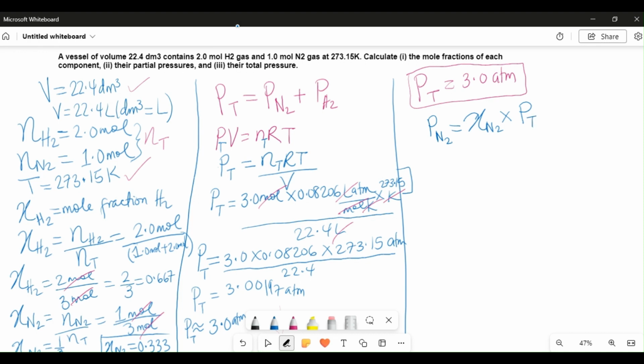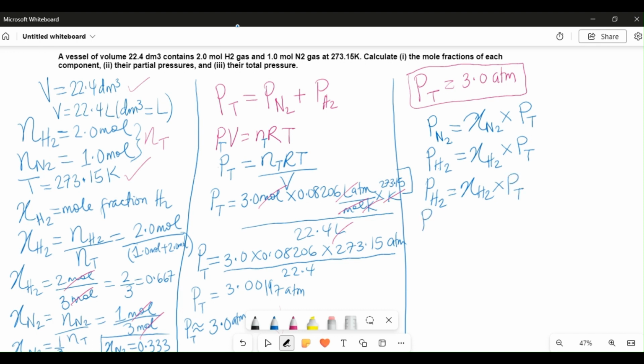And then in this case, the partial pressure of H2, the second component, is the mole fraction of H2 times the total pressure. So we can use each one of these formulas to get it. So let's use the partial pressure of H2. I like to use that, equals the mole fraction of H2 times P_T.